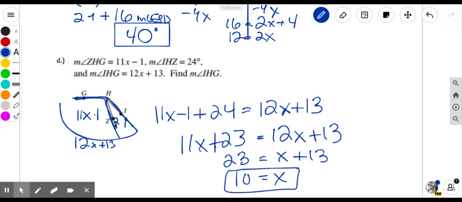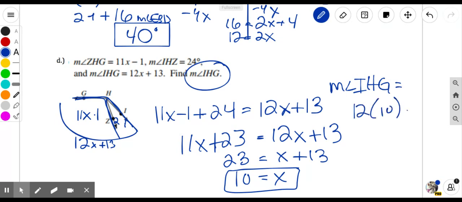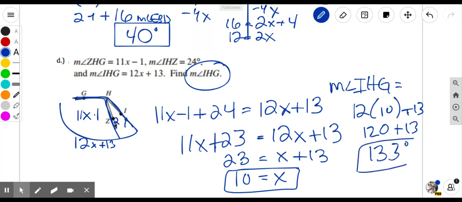This also asks us to find the measure of IHG. So IHG is the whole thing. So we can do 12 times 10 plus 13. 12 times 10 is 120 plus 13 is 133. And that's how you plug in to find angle measures or even like segments, how we did in segment addition.